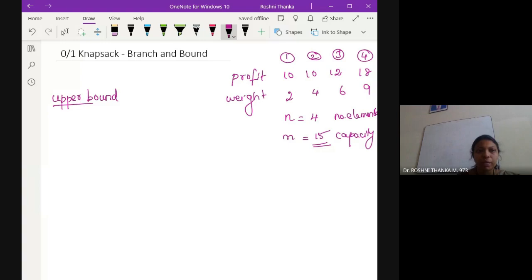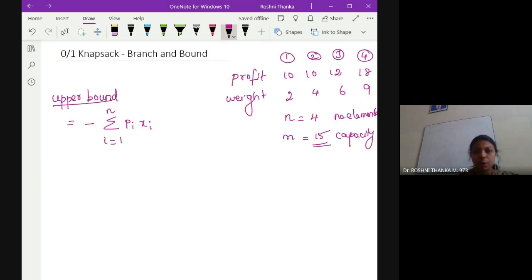The formula to find the upper bound is minus of the summation of pi into xi, where i equals 1 to n. So for all the four items, we are going to sum up the profits. pi is the profit, which we know. xi says whether we are going to consider that object or not, which means xi can be either 0 or 1.